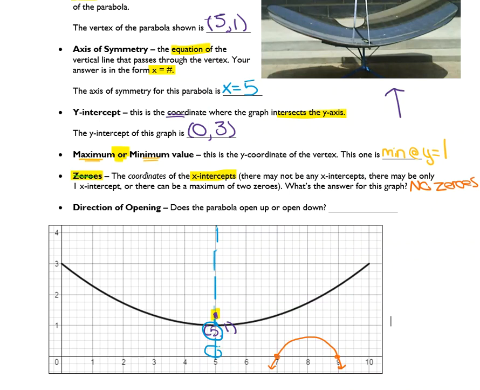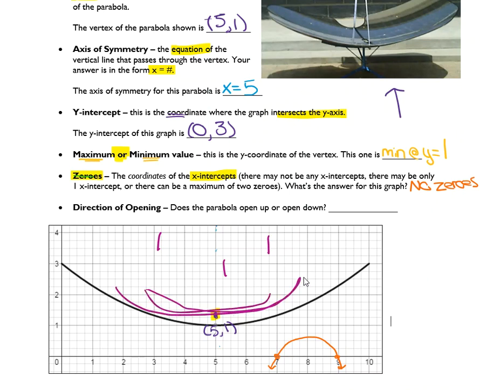Direction of the opening. I'm going to erase my axis of symmetry. Looks like my line shifted there. I can't erase that. The parabola we have here, does it open up or down? You can think of it as a smiley face. This is a smiley face.